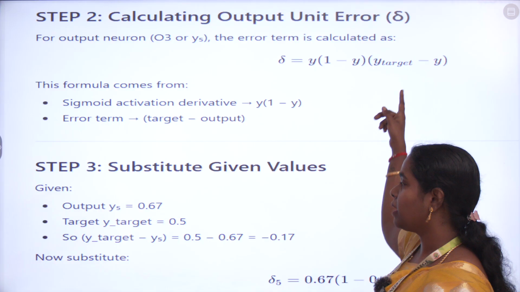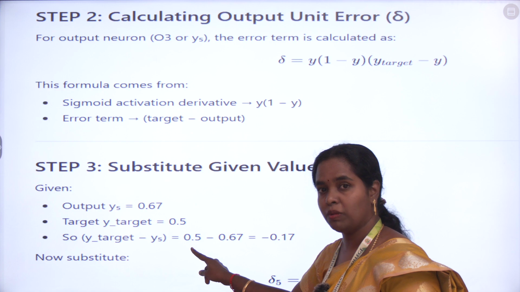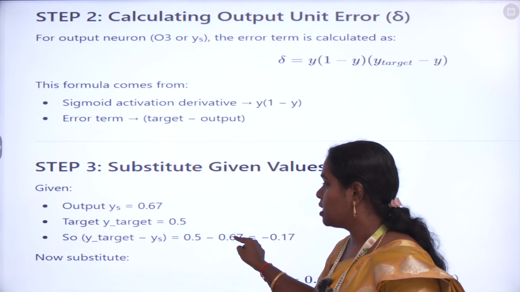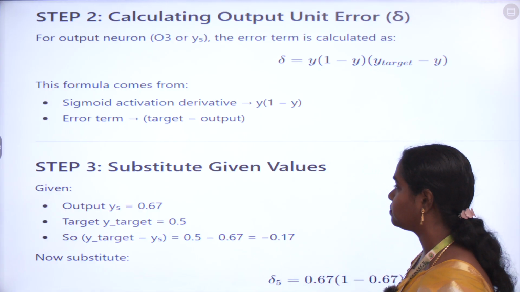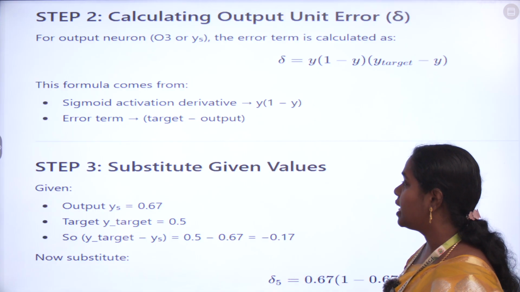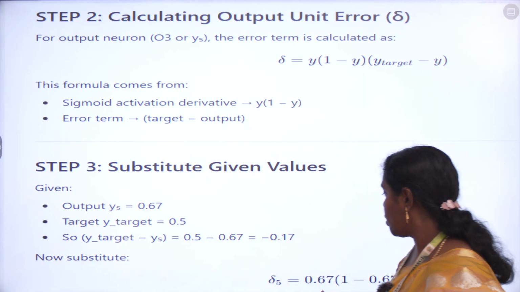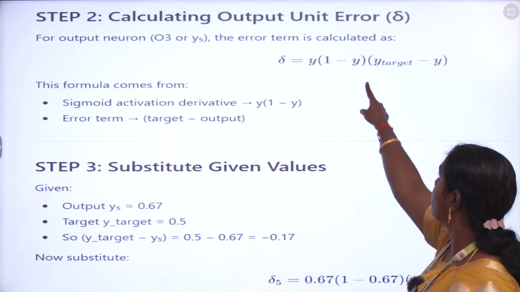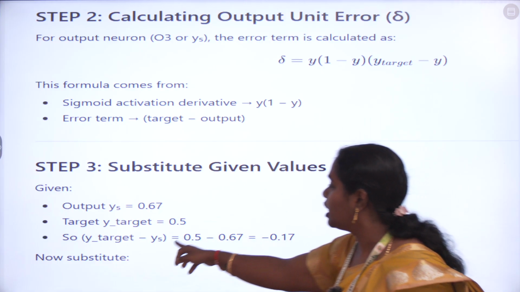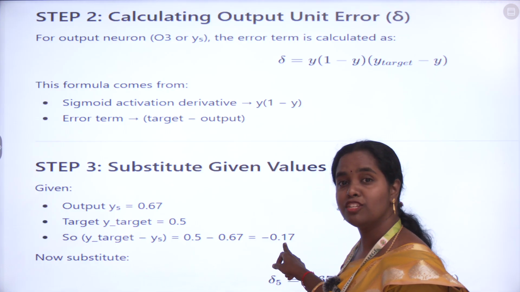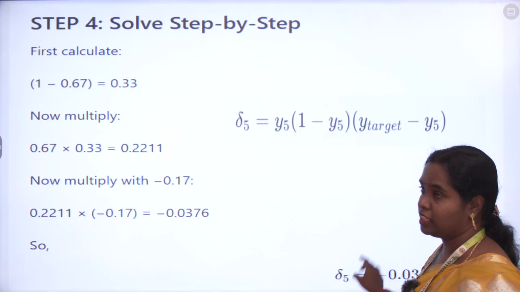So y target minus y5 is 0.5 minus 0.67, and you will get minus 0.17. Substituting in delta 5, y is 0.67, 1 minus y is again 0.67 based, and y target minus y we already found, minus 0.17. Finally you will get the value of delta 5.